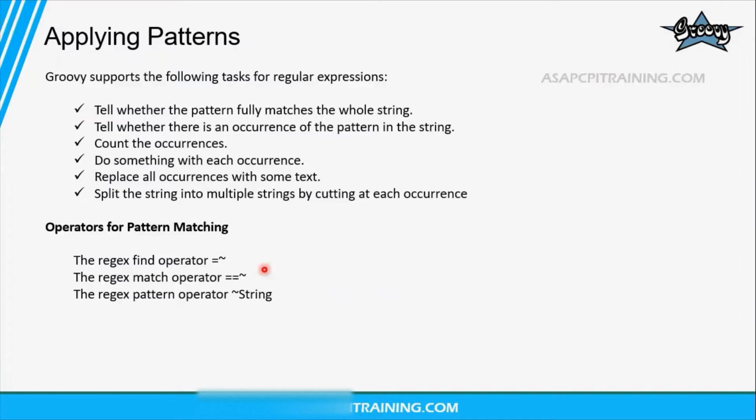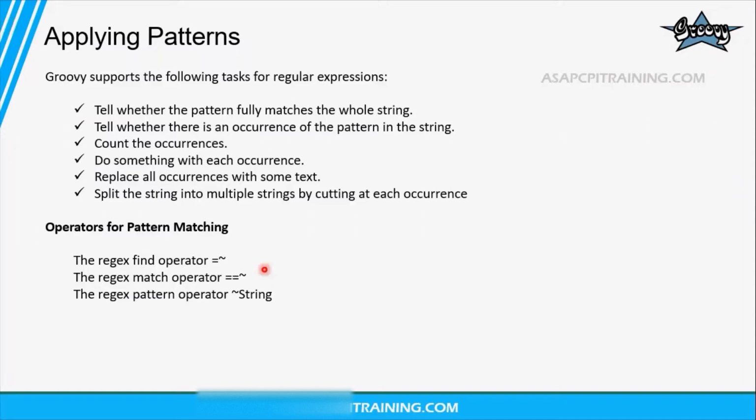You can also split the string into multiple strings by cutting at each occurrence. So you can perform all these operations. We will see during our complete course how we can use all that, and in advanced business scenarios we will also see some related scenarios.